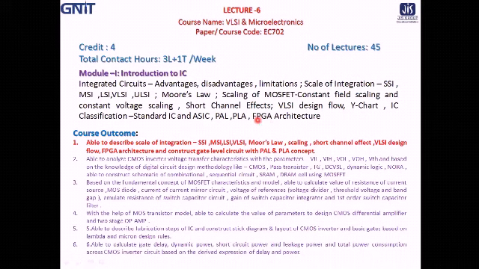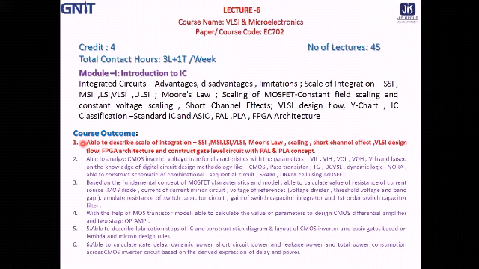After this, let us have a quick description of the course outcomes that will be fulfilled after the completion of the particular course VLSI and microelectronics, having the course code of EC702. The course outcomes are the outcomes that the students will be able to fulfill after the completion of the course.